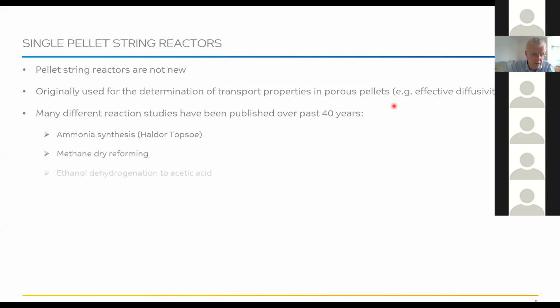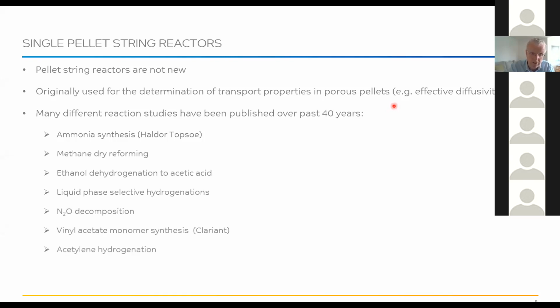For example, methane dry reforming, dehydrogenations, various liquid phase reactions, N2O decomposition, vinyl acetate monomer synthesis, acetylene hydrogenation, and even hydrodesulfurization. So a wide variety of different chemistries have been looked at in the literature over the last 40 years. There are about 30 to 40 different literature references of people doing these different chemistries using pellet string reactors.